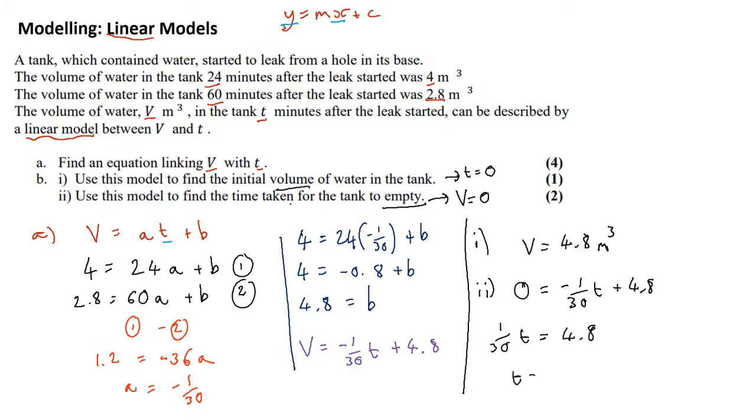And so therefore t equals, I'm going to times both sides by 30, 144. Let's just think, our unit is going to be minutes. So it takes 144 minutes for the tank to empty. So that question is to do with modelling within a linear context.